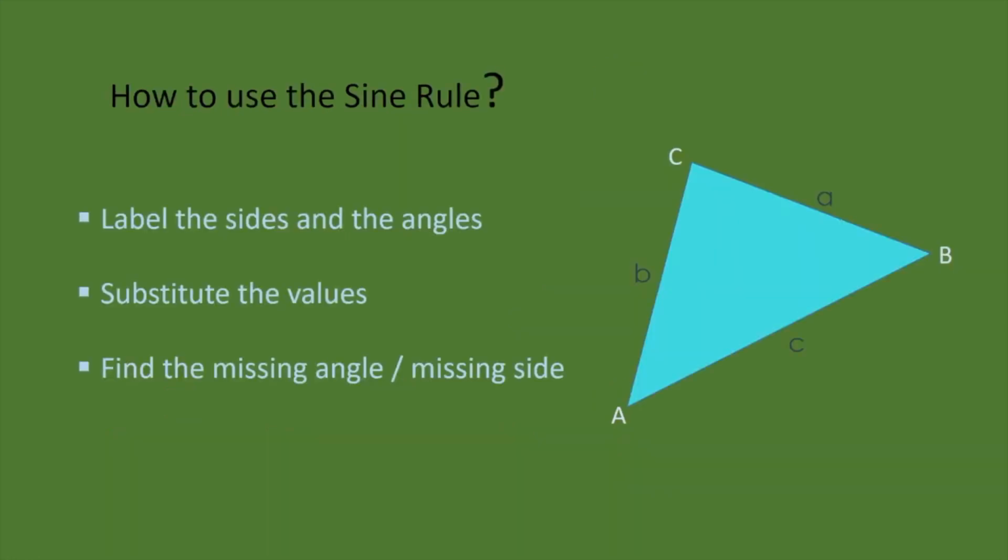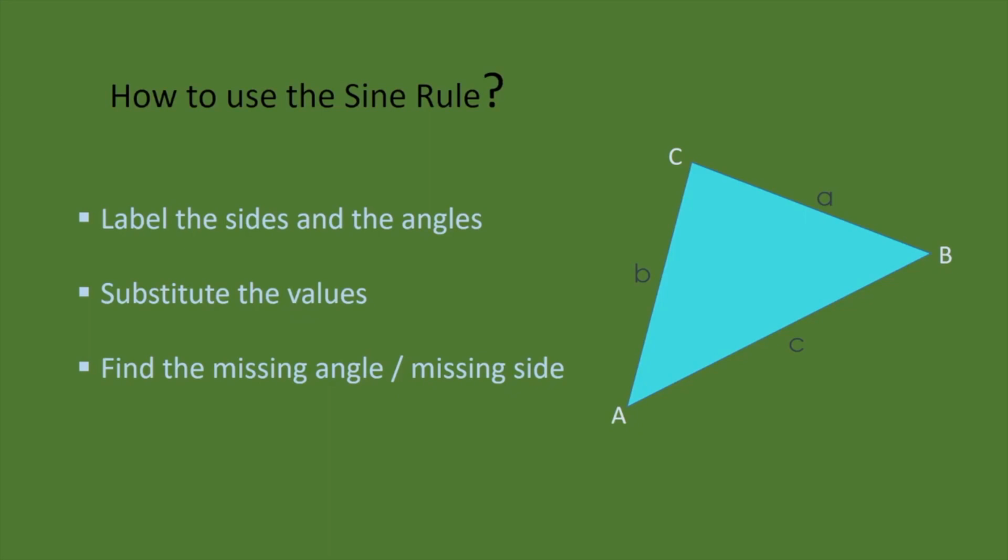How to use the sine rule? So now you must be familiar with the sides and the angles and how we label them. You can see the capital A, B, C at the vertices and the sides a, b, c in lowercase, and they are opposite. First, you label the sides and the angles and make sure you label them correctly.